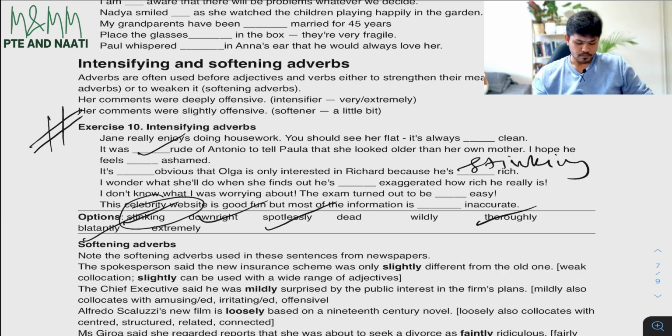Next. I don't know what I was worrying about. The exam turned out to be dead easy. Dead easy means very, very easy. This celebrity website is good fun, but most of the information is wildly inaccurate. That means majorly inaccurate. Again, these are the correct collocations.